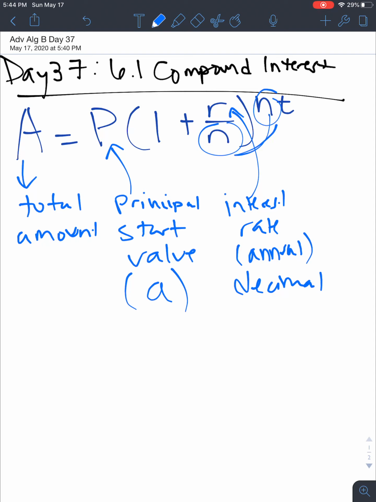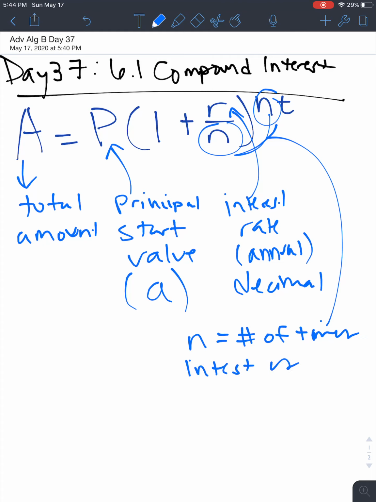Then we have this n here in two different places, and n is a new thing for us. n is the number of times that interest is compounded. When I say compounded, what that means is how many times interest has been calculated and then added to the total.